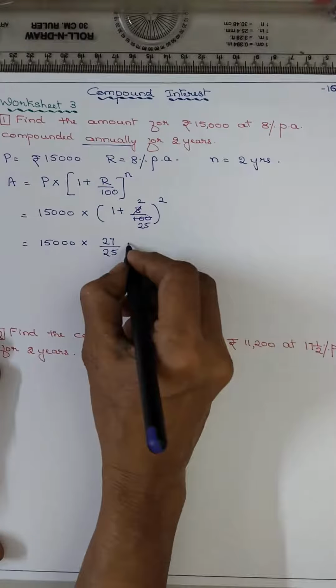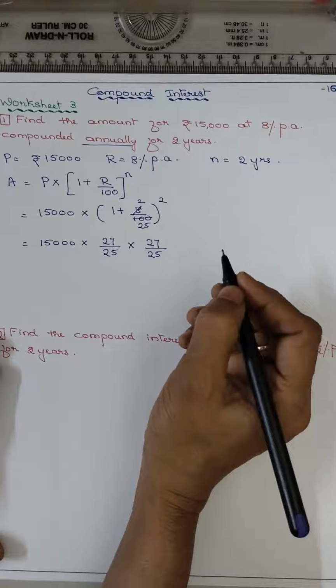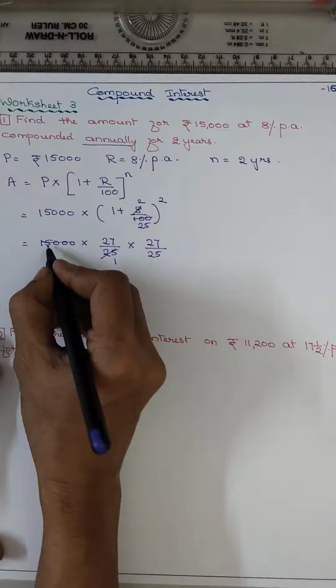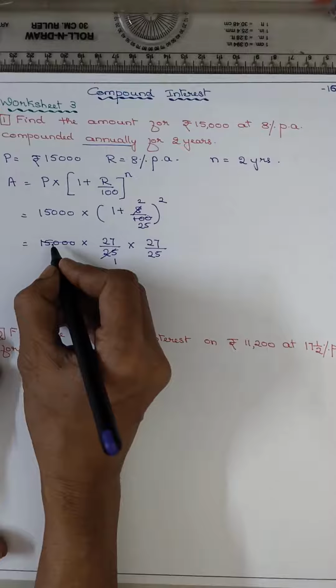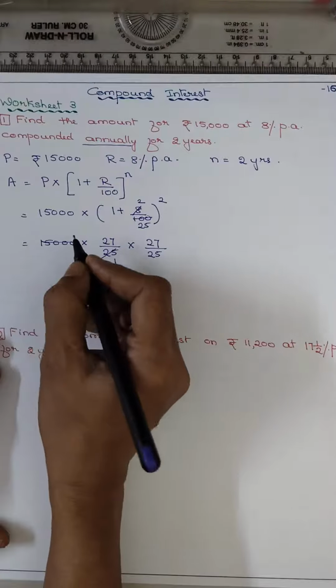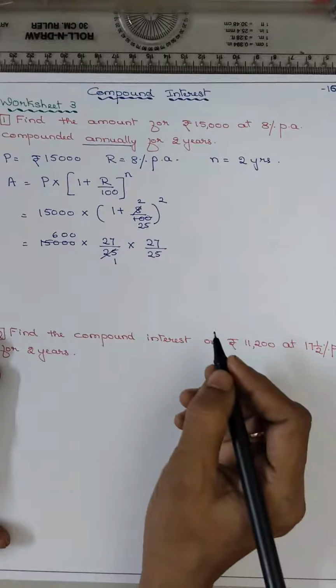It is 2 times, so 27 upon 25. 25 ones are 25. How much are 150? 100 is 4 times, so 2 times extra. So it is 6, 2 zeros.